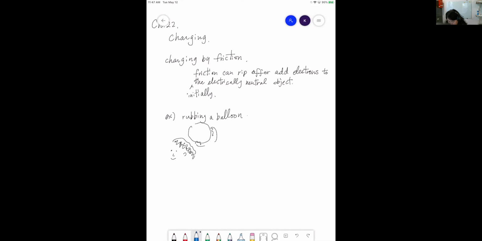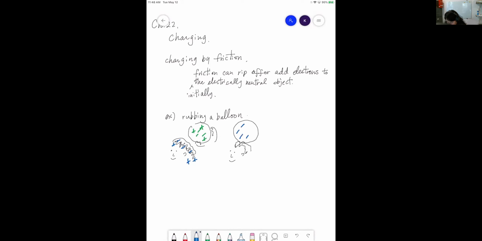Initially I have a plus, minus, plus, minus, plus, minus, and the balloon also has a plus, minus, plus, minus, plus, minus. By rubbing it, this minus will go into here.